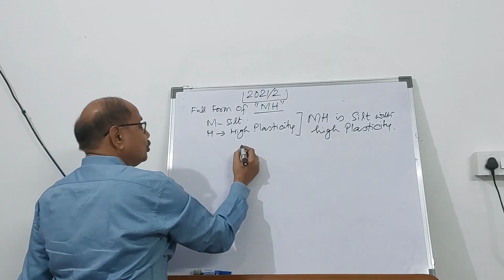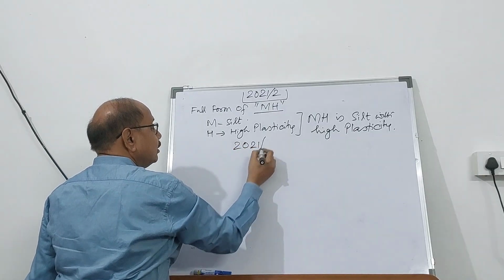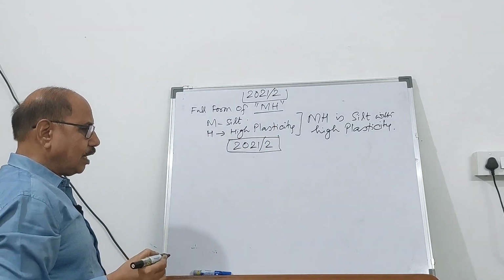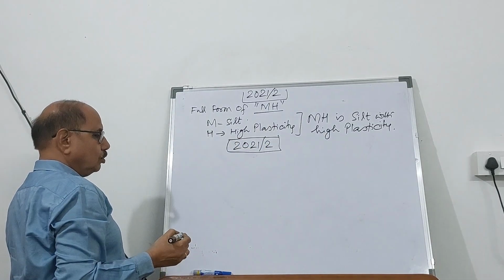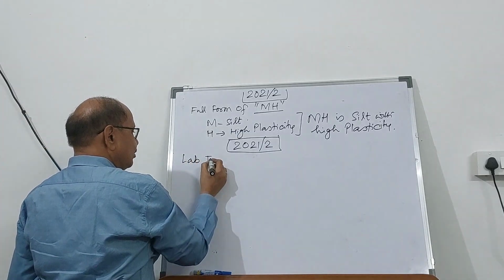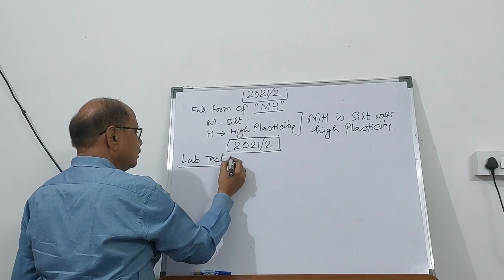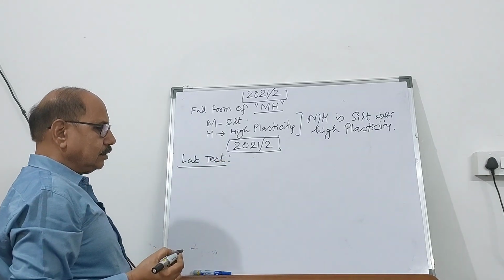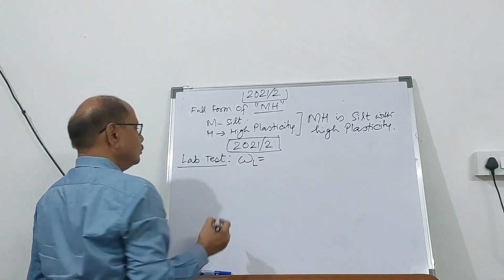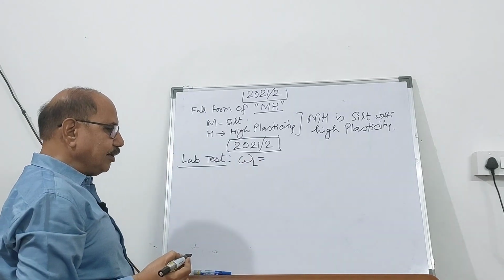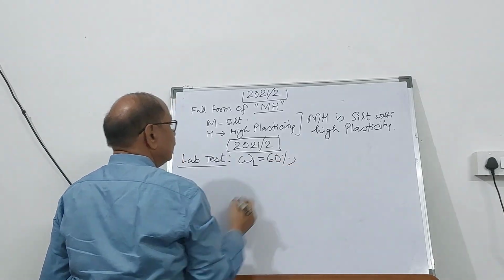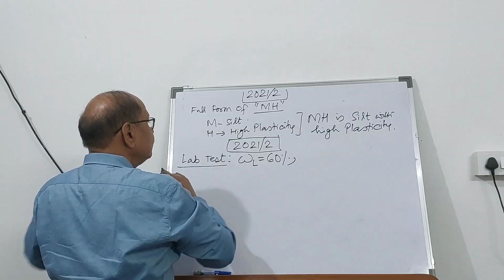There was another question in 2021 set 2 itself. This question is pertaining to a laboratory test. So, a lab test has been carried out on the soil sample, and the liquid limit is given over here as 60%. So this is another problem.